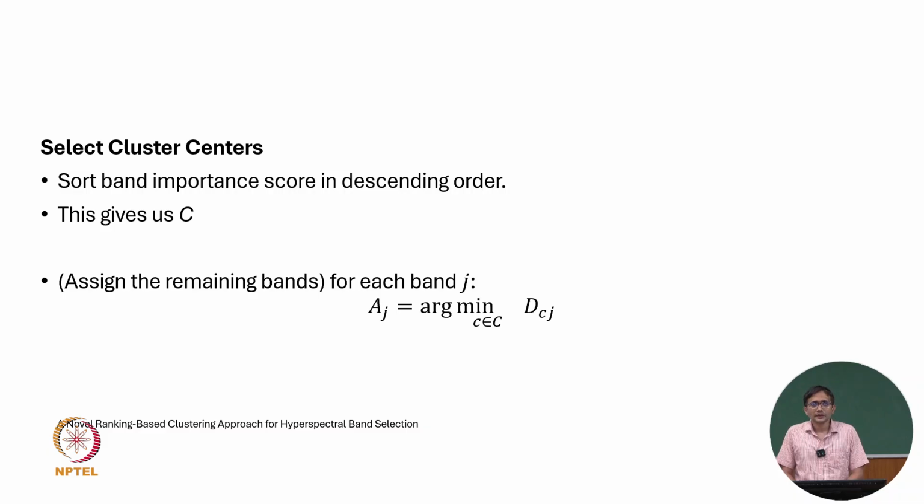Now that we have computed the band importance score, we can sort it in descending order, and this will give us C, and we can also get our A, such that every Aj is assigned as the argmin of Dcj. So once we have this band importance score, getting both C and A is quite straightforward.